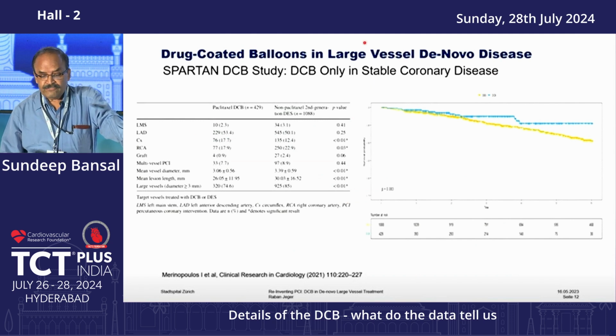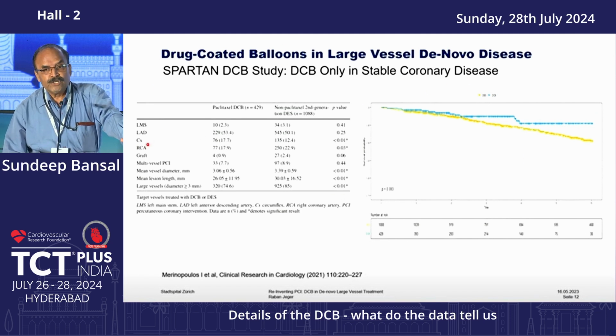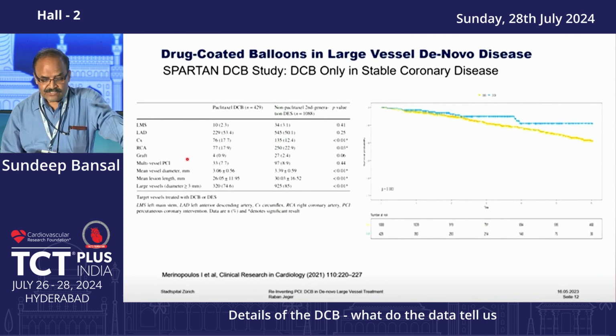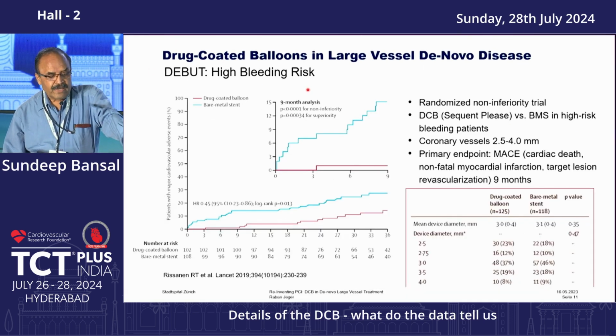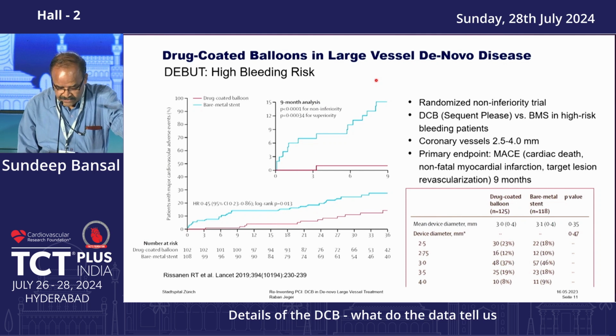If we compare these in different subsets of patients, in stable coronary artery disease, again, drug-coated balloons have been found to be non-inferior to paclitaxel drug-eluting stents. There are other trials like this one, wherein drug-coated balloons have been used in large vessels de novo in those patients who had high bleeding risk, and it was seen that the drug-coated balloons are better in terms of safety in these patients who have high bleeding risk.